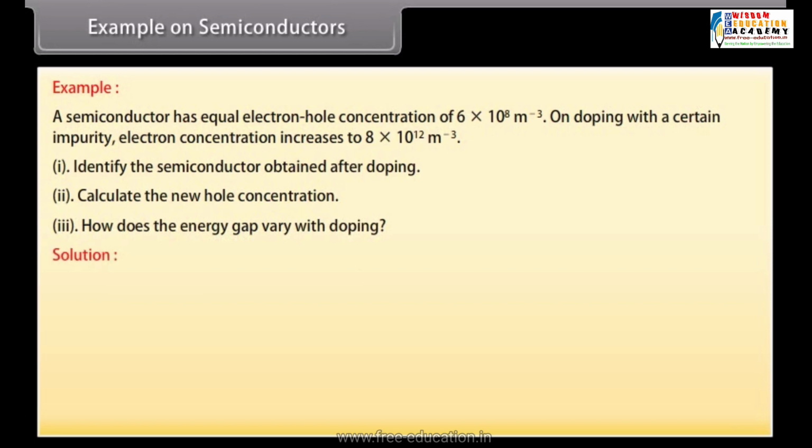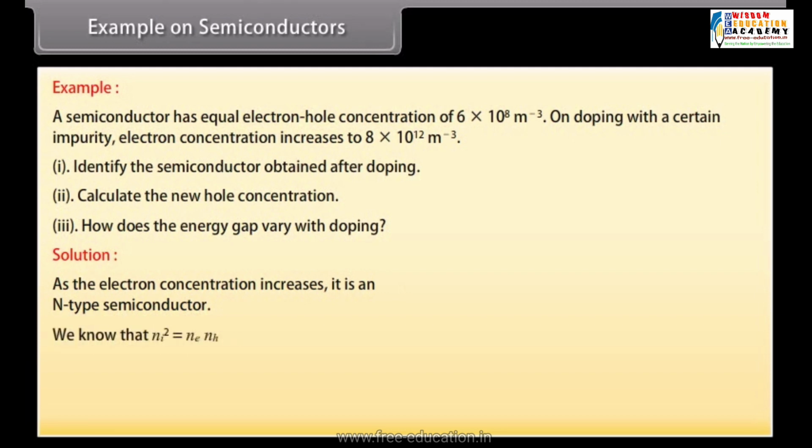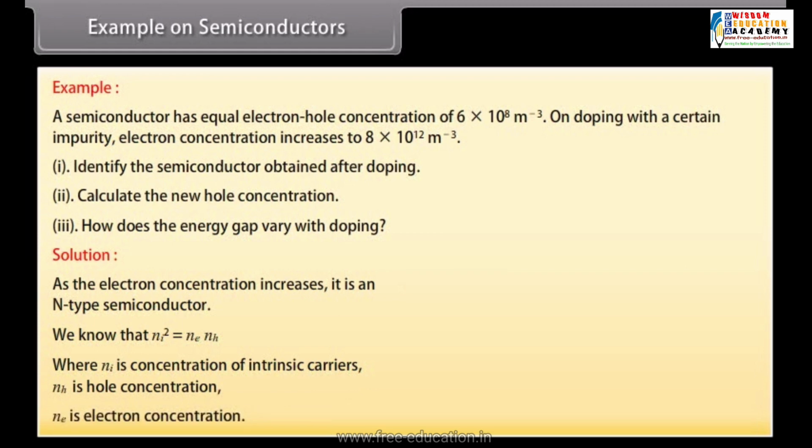Let's see the solution. As the electron concentration increases, it is an n-type semiconductor. We know that Ni² = Ne × Nh, where Ni is the concentration of intrinsic carriers, Nh is hole concentration, and Ne is electron concentration.